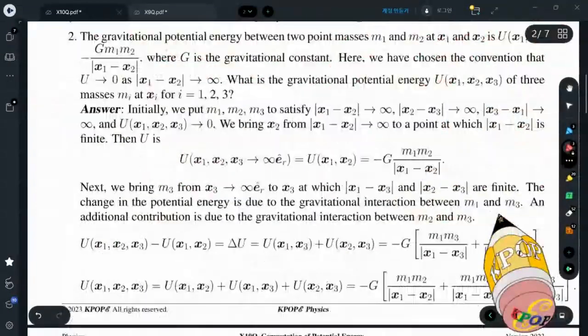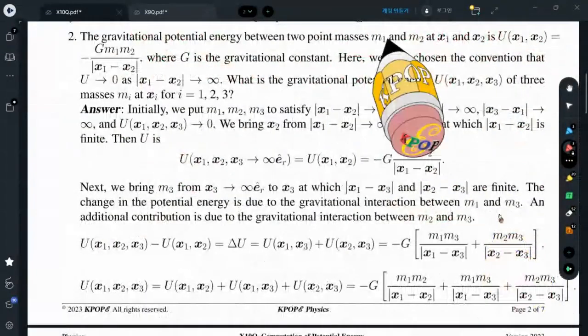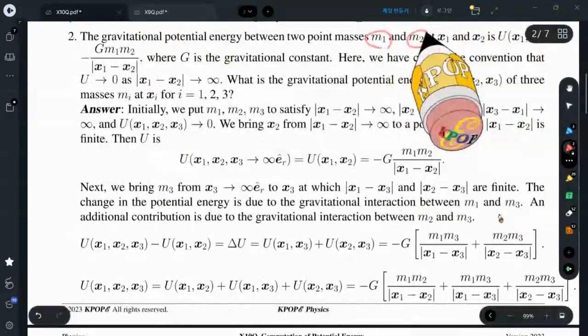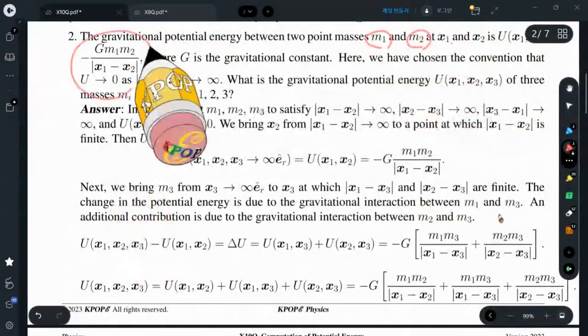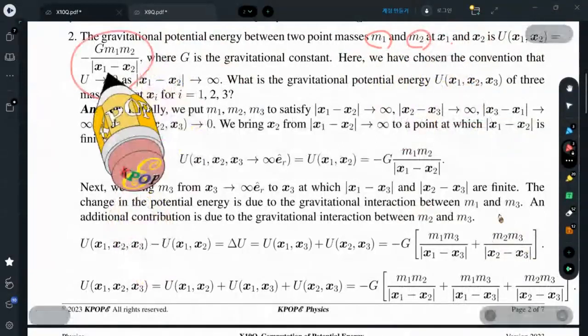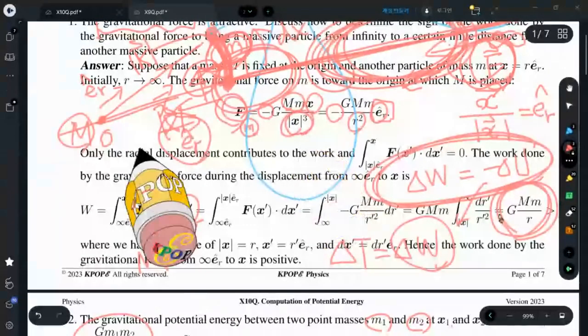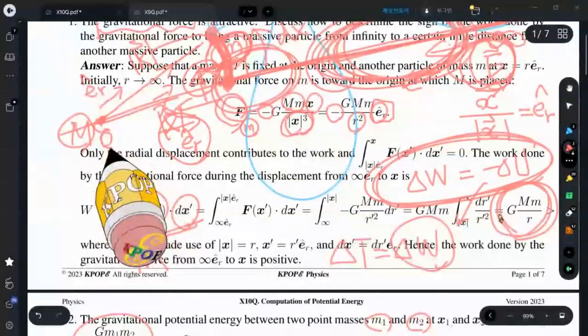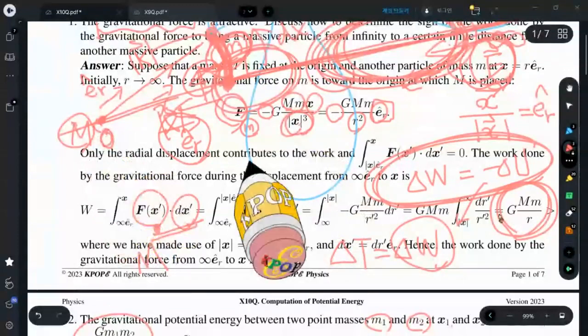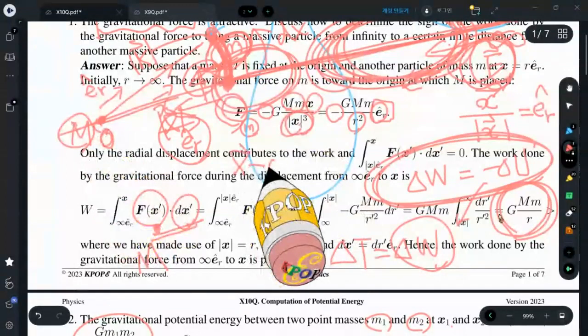Gravitational potential energy between two point masses, 1 and 2. Okay, we know what it is. The distance here, this guy was at the origin. What is that? The x vector minus the 0 vector, absolute value.